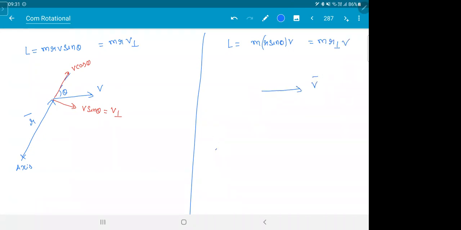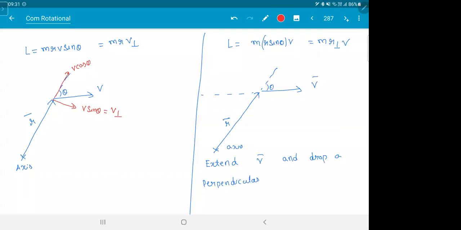So this is the velocity bar, this is r bar, theta. Extend the velocity vector and drop a perpendicular, the same thing we did there also.